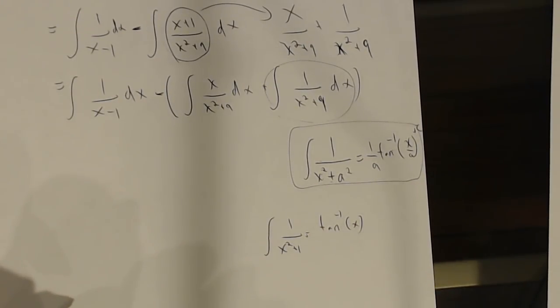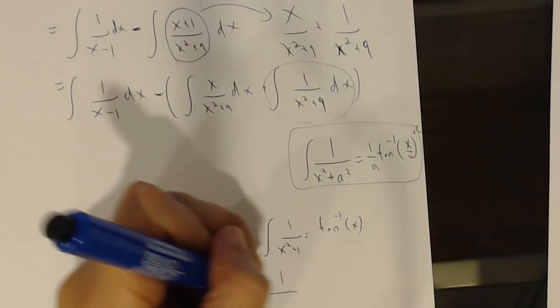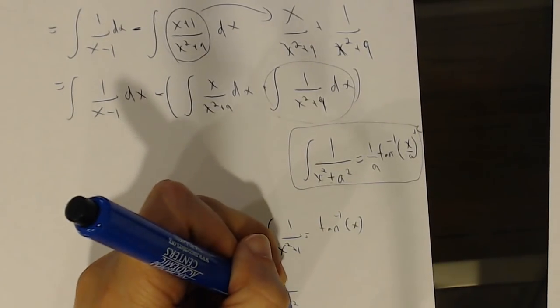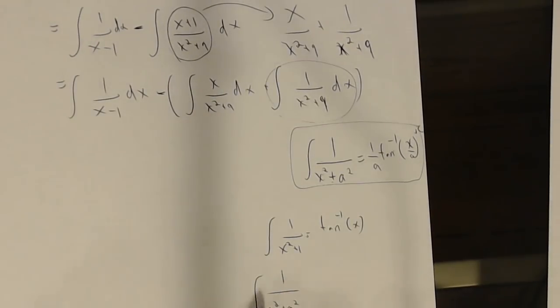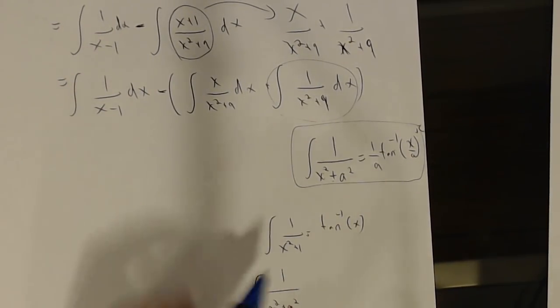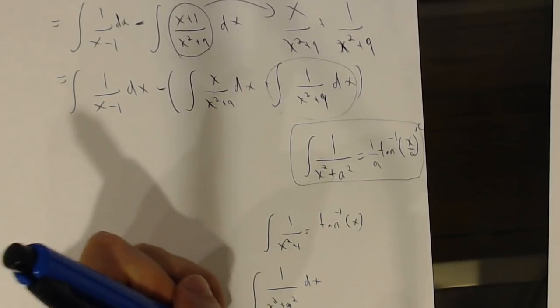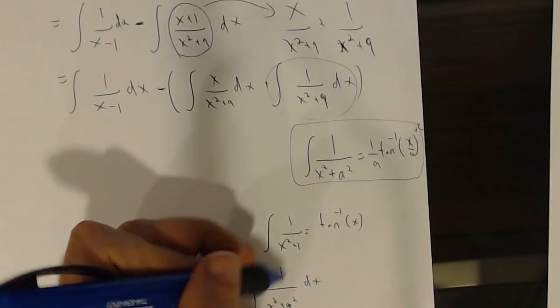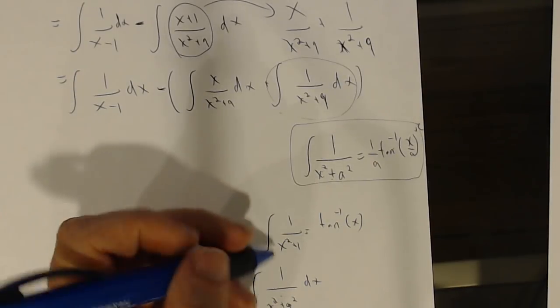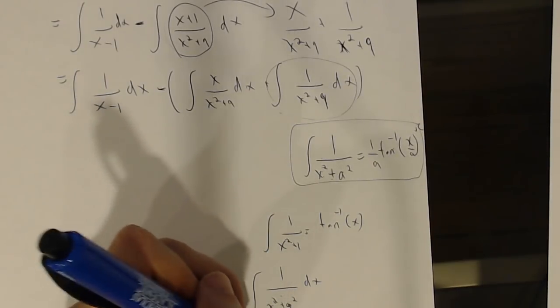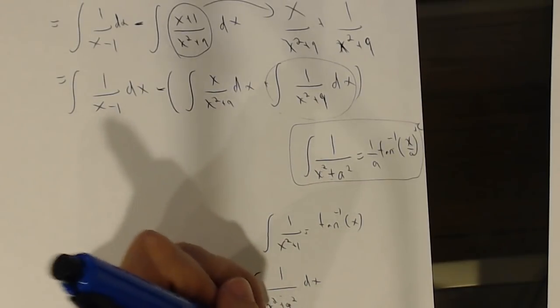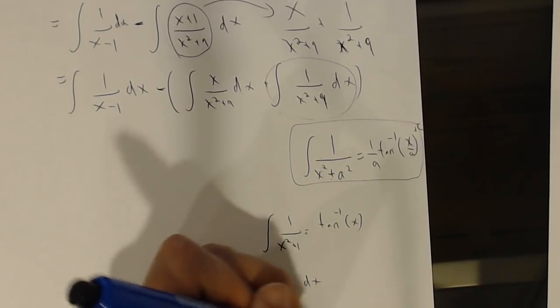So if I have the integral of 1 over x squared plus a squared, what could I do here? I could factor out a 1 over a squared. And if I factor out a 1 over a squared, what does that become? It becomes the integral of 1 over x squared over a squared plus 1 dx.